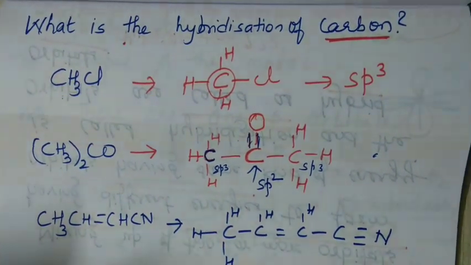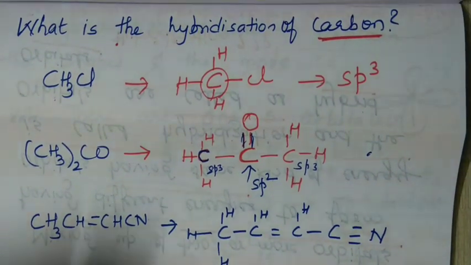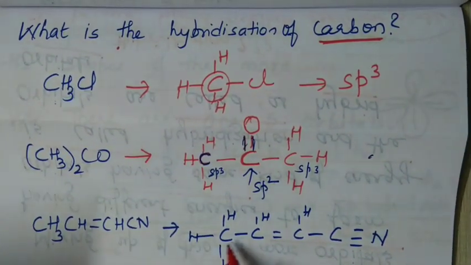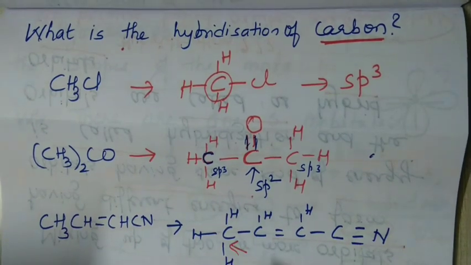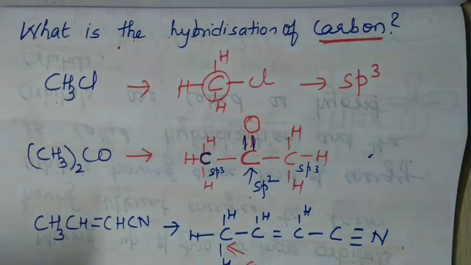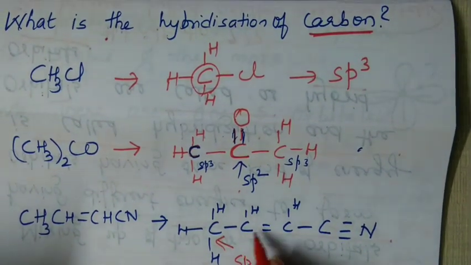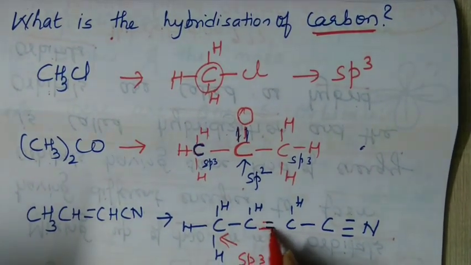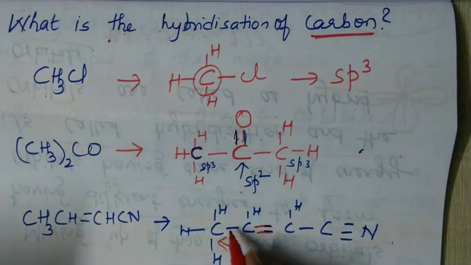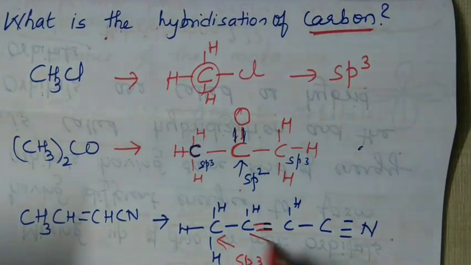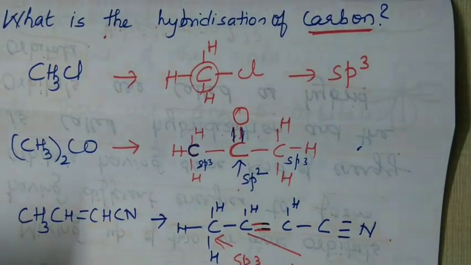Now what is the hybridization of this particular carbon atom? Single bond. Therefore it is sp3. Okay. Now coming to the second one. Check for the bond. You have double bond. If you have double bond, forget this single bond. So it should be what? sp2. How about this?